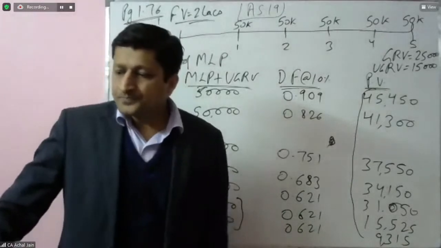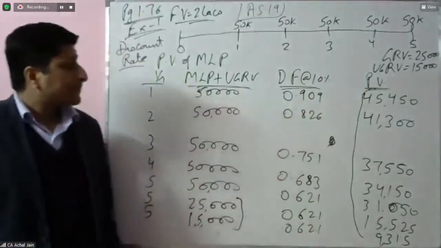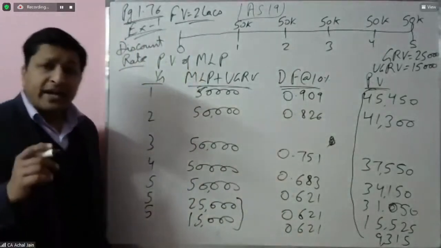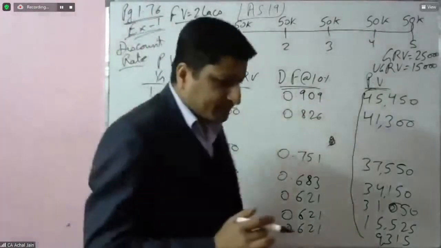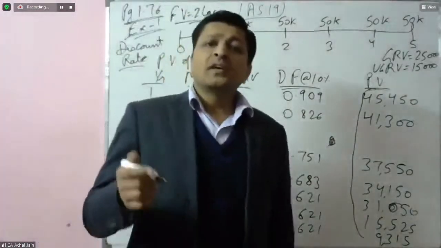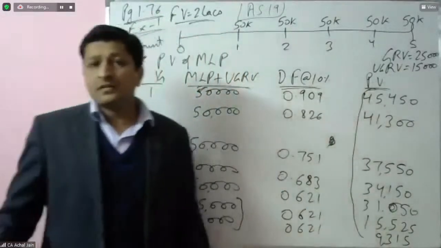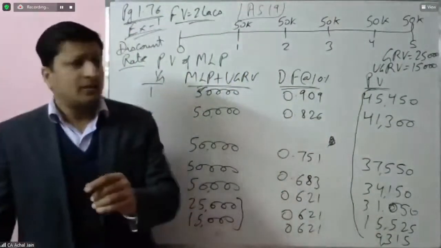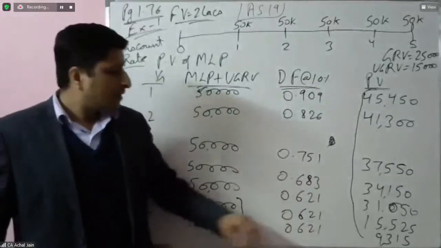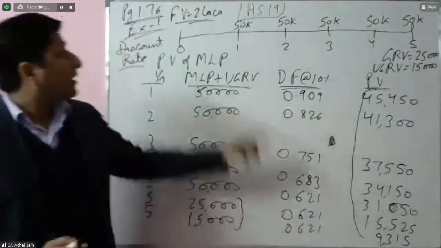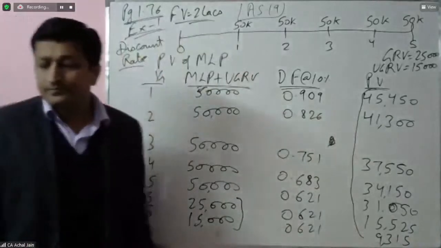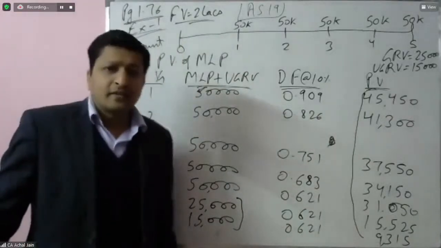Clear? Now, our rate of interest, which is the rate implicit in the lease, will be such a rate using which my present value becomes equivalent to fair value. I'm repeating.